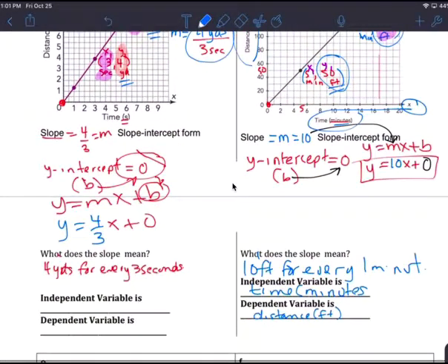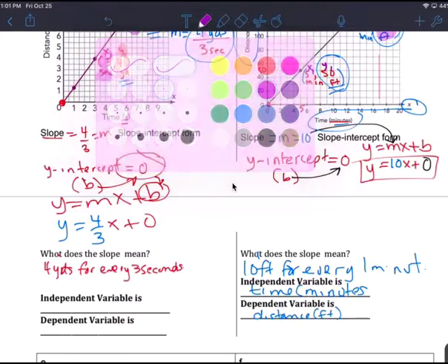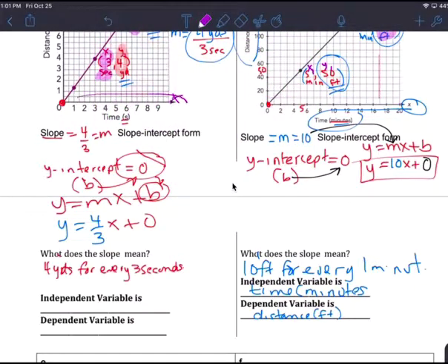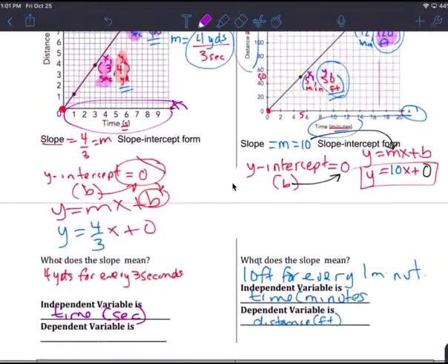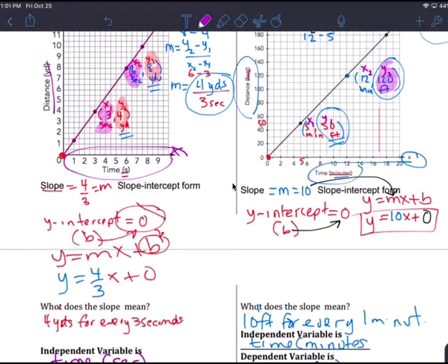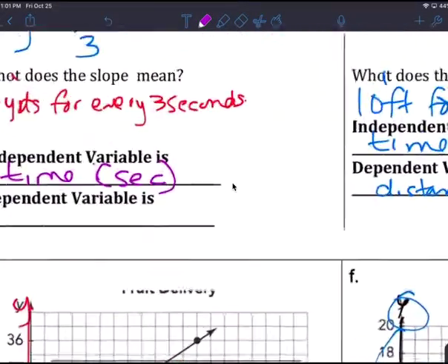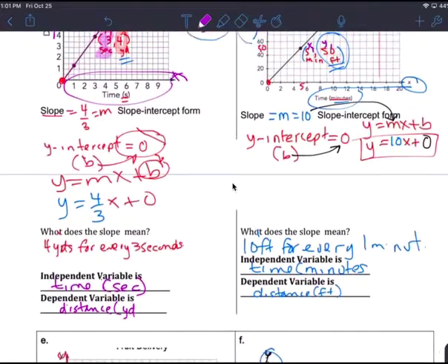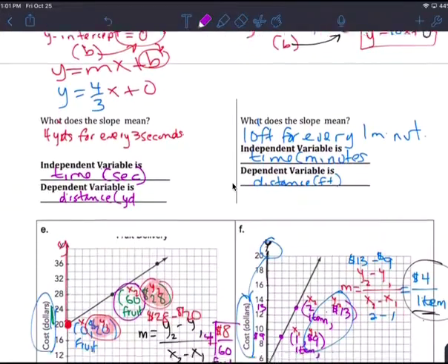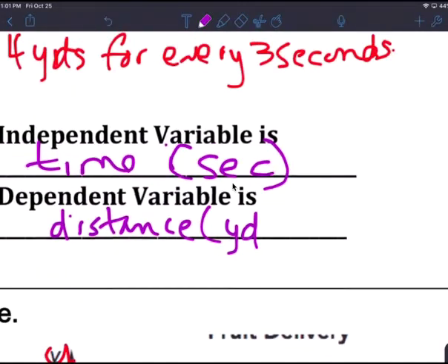Okay, so x here is time in seconds, the independent, the meaning. Dependent is distance in y. In yards, right? Distance in yards. Yeah, distance in yards.